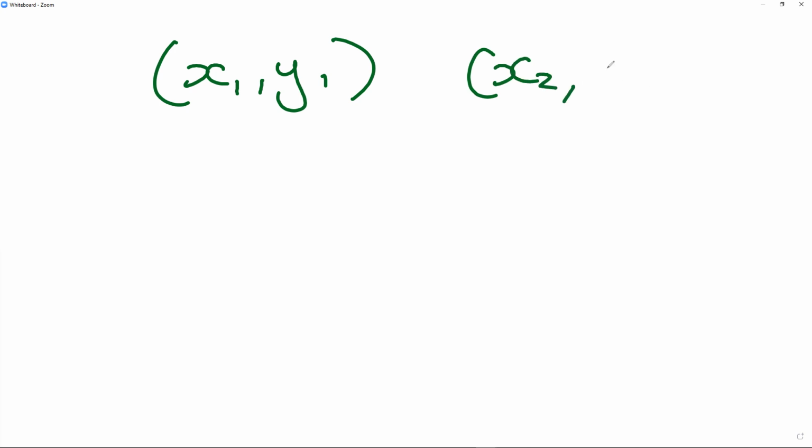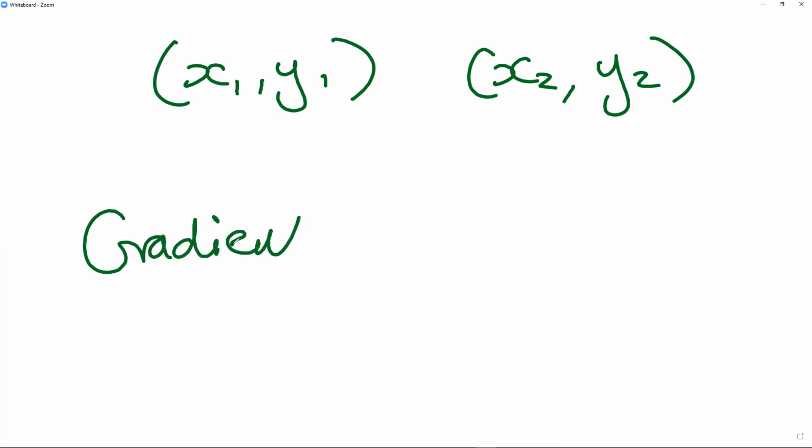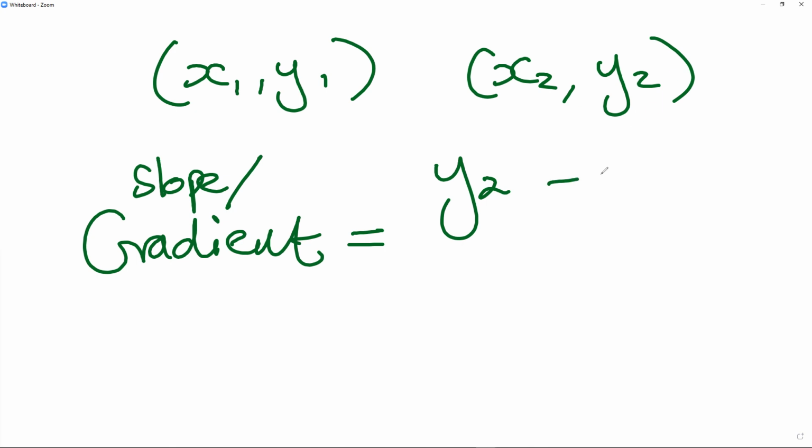All right, cool. Now, if I've got two values over here, x1 and y1, and x2 and y2, I can put this in what is known as a gradient equation, which is the slope, right? Same thing. The gradient equation is given by y2 minus y1 divided by x2 minus x1.